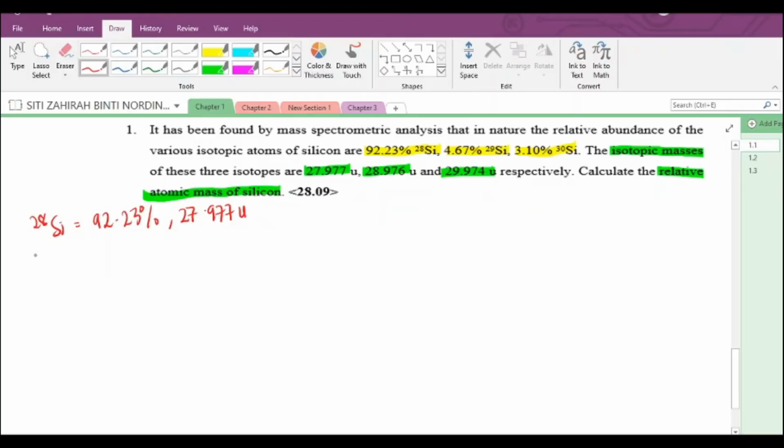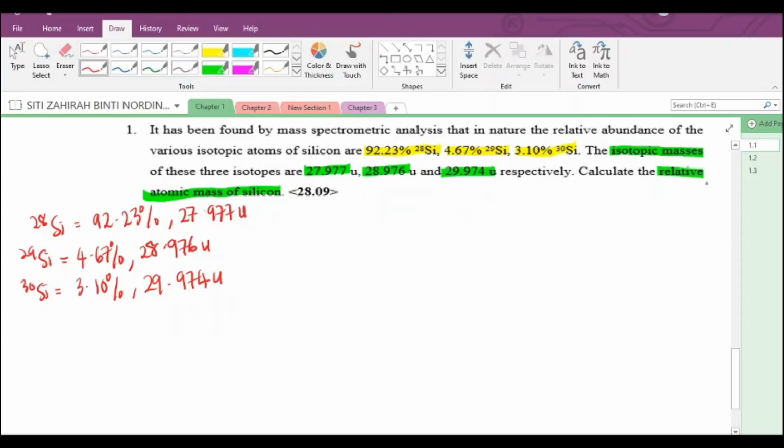For silicon-29, there would be 4.67% and the mass would be 28.976 U. For silicon-30, there would be 3.10% and the mass would be 29.974 U.